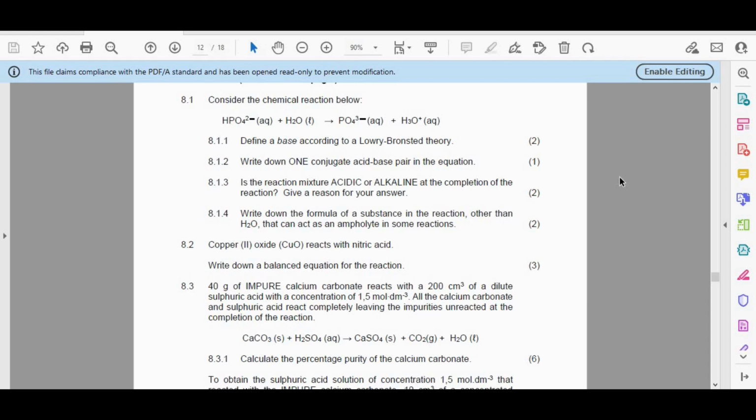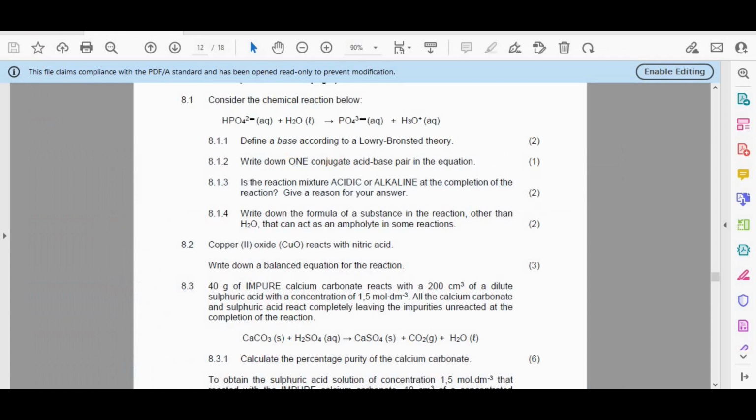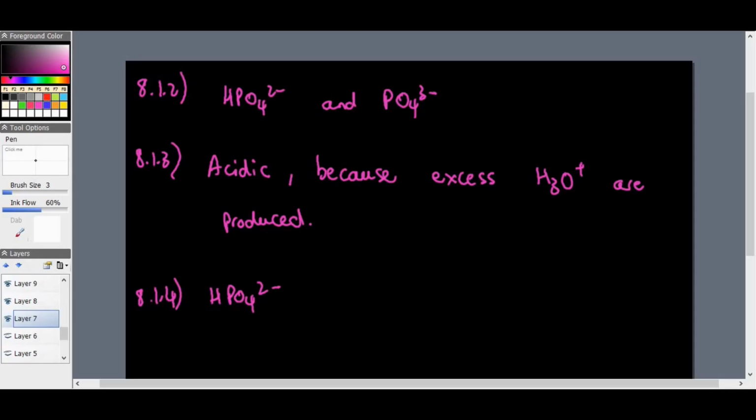8.1.4, write down the formula of a substance in the reaction, other than H2O, that can act as an ampholyte in some reactions. If we look at the reactions, that would be HPO4 2 minus. This is an ampholyte that can act either as an acid or as a base. Water is the most common ampholyte, which can act as acid or base, but another one is HPO4.